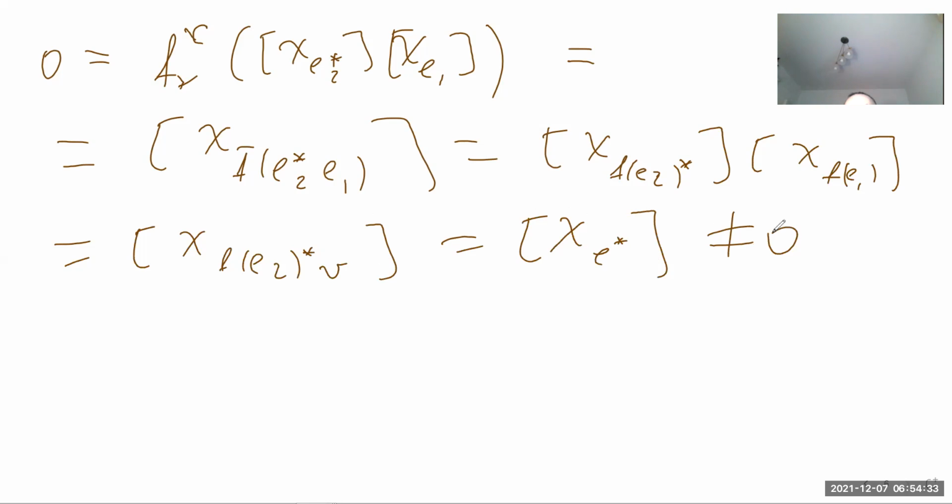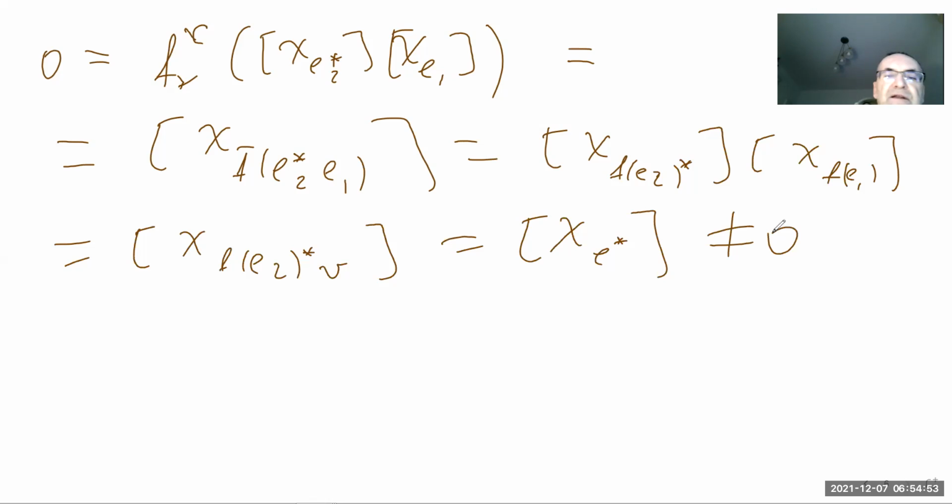By the corollary, remember we had this corollary that whenever you have chi labeled by only starred, only unstarred paths, then these guys are parts of the basis. So elements of a basis cannot be equal to 0. And that's it. So 0 is not equal to 0. So this means this is not well defined.